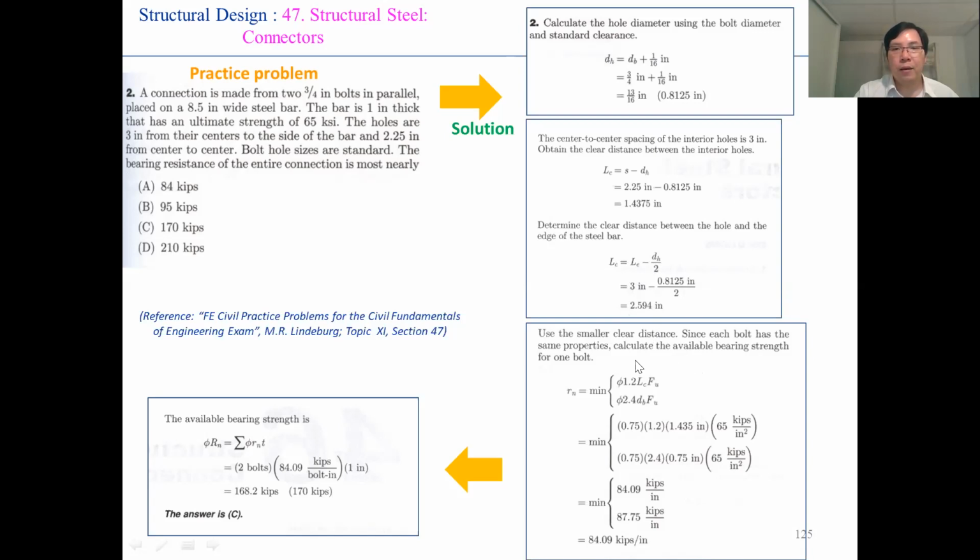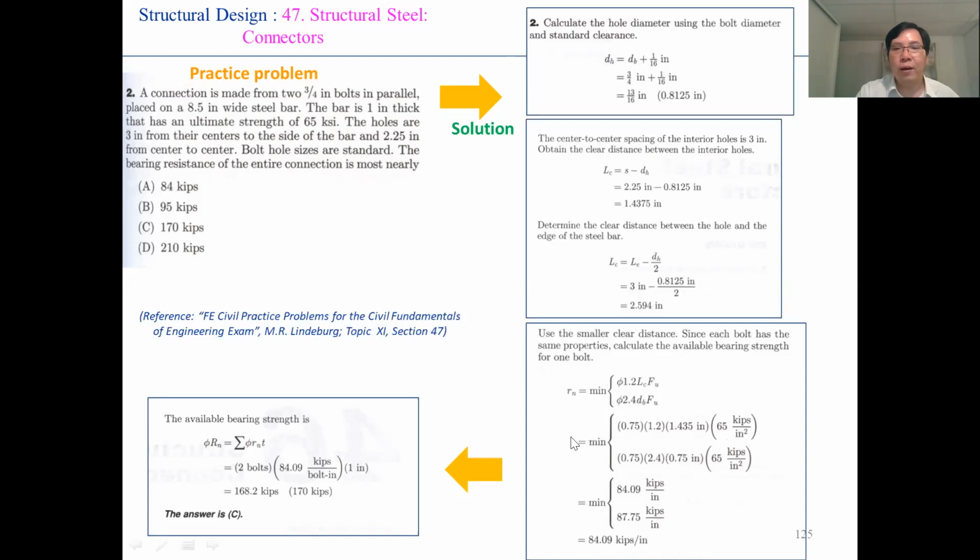And you can use the smaller clear distance since each bolt has the same property, so you can calculate the available bearing strength for one bolt by this equation. R sub n is the minimum between two values given by the equation, and after that you replace the numerical values of L_C F_U or D_B F_U in this equation.